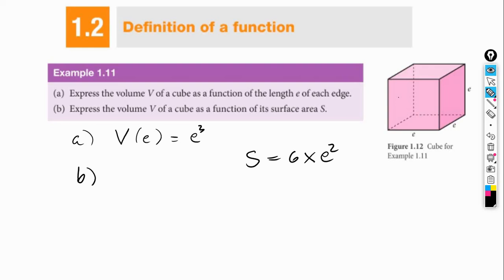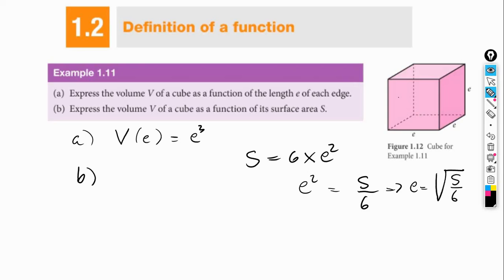So we have to rearrange this and make E equal to something in terms of S, right? Let's turn this around and say that E squared is equal to S over 6, and therefore E is equal to the square root of S divided by 6.